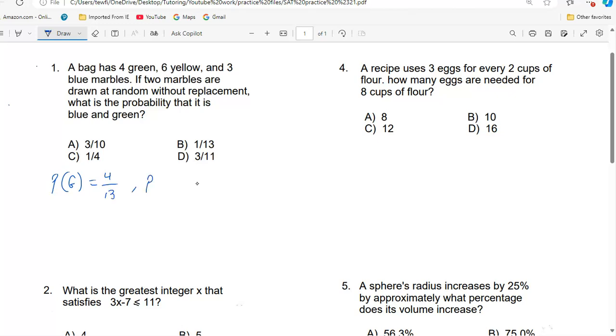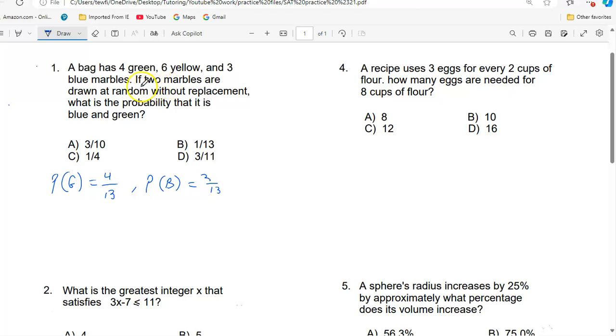What is the probability of blue? Probability of blue will be 3 over 13. And what is the probability of yellow? It will be 6 over 13, right?